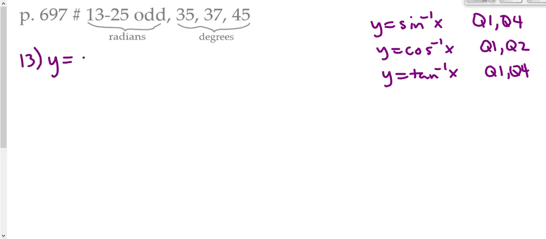y equals the inverse sine of 0. We're going to answer in radians. And we are asking ourselves, find the angle whose sine is 0.